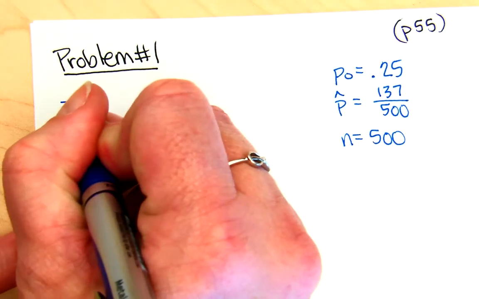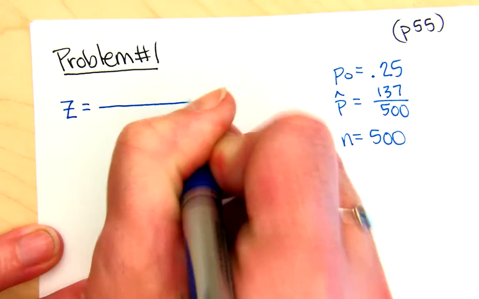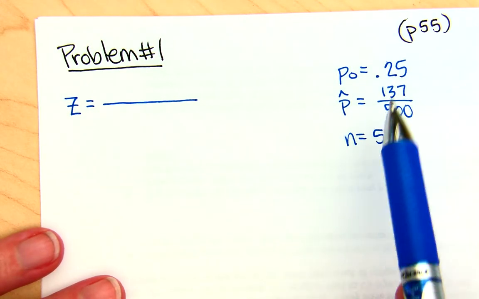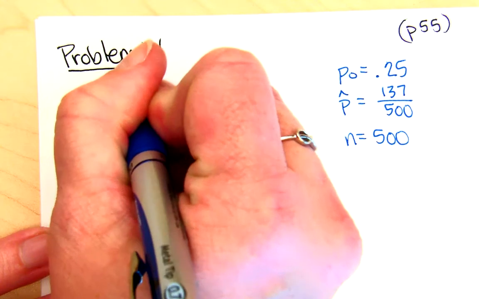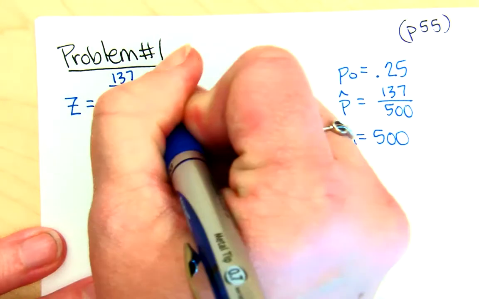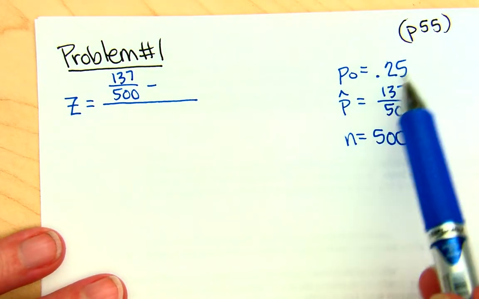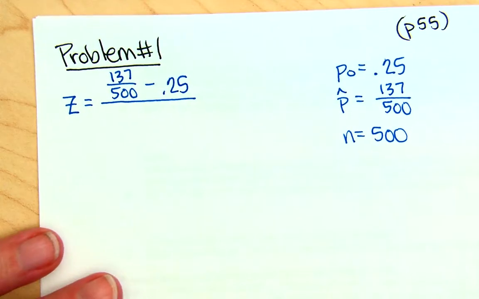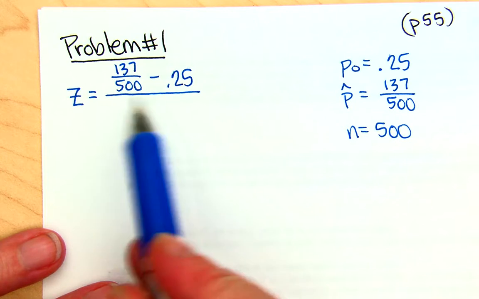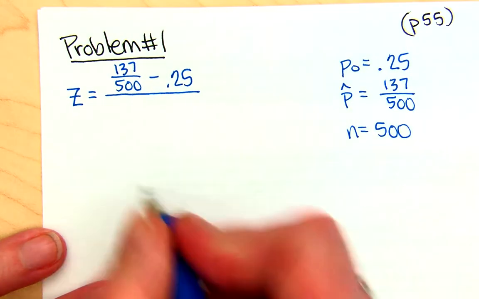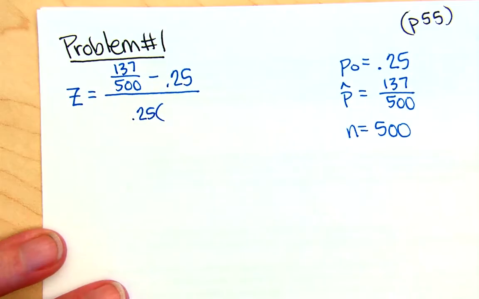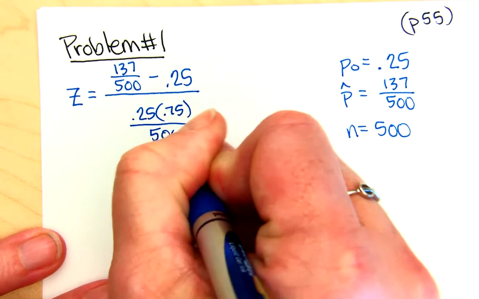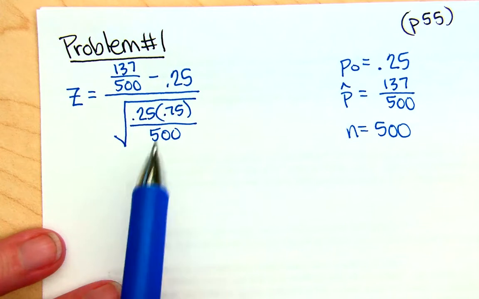So for proportions, we want to find a z. We take the value, which here is our sample statistic, 137 over 500, and we subtract the population value, or what we hypothesize is true, 0.25, over the standard deviation. So we do 0.25 times 1 minus 0.25, or 0.75, over our sample size, and then we take the square root of all that. That's our standard deviation.